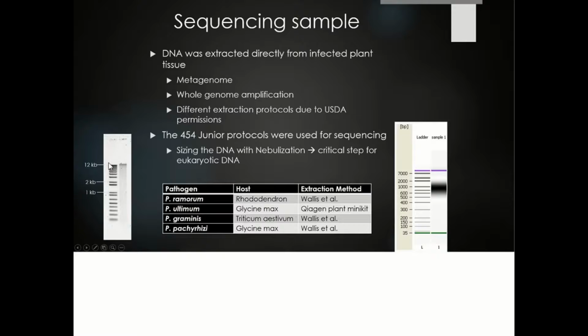Initially we have a gel running like this, where eukaryotic genomes or my DNA would get from 12 kb to around 2 kb. And specifically for 454 pyrosequencing, the technology we used, I had to size the DNA with nebulization and get the DNA down to around 1 kb to 600 base pairs or 400 base pairs to allow us to sequence the sample.